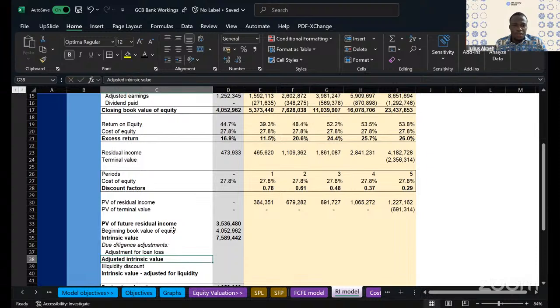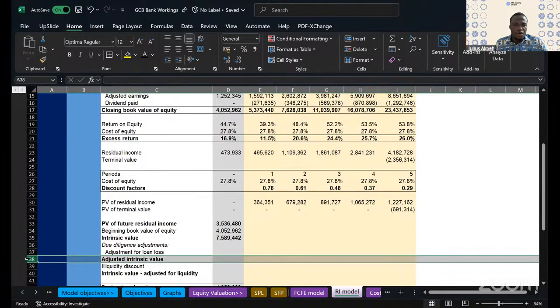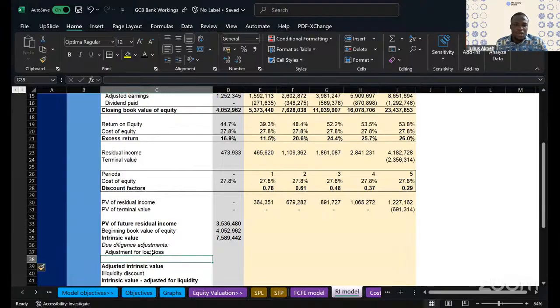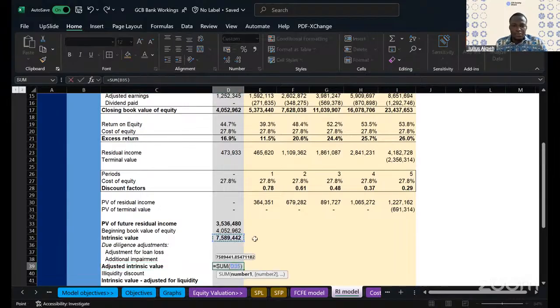When we do those adjustments for loan losses or maybe additional impairment, we call for additional impairment as well. And so when that is done, then we get adjusted intrinsic value. Maybe let me do it properly.